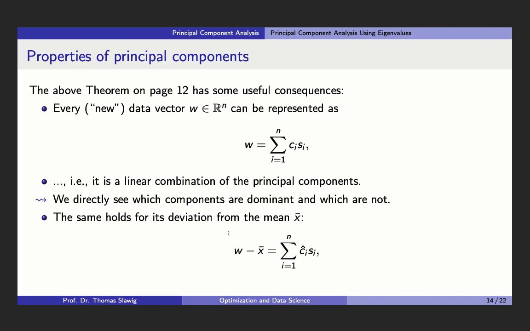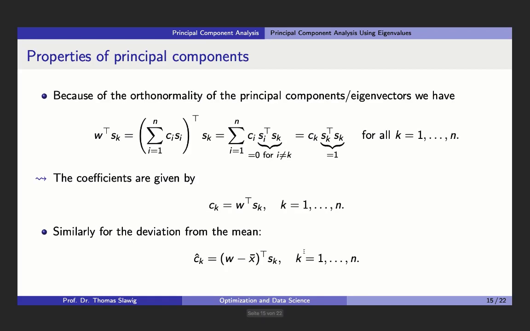I can also do the same looking at the deviation from the mean, of course, because if I apply my principal component analysis to the difference between my data set and the mean, which we did in the beginning, then it might make sense not to look at the data itself, but to look at the new data vector and its deviation from the ensemble mean. I can do the same thing. I get different coefficients here, but I can also do this. So I have several options.